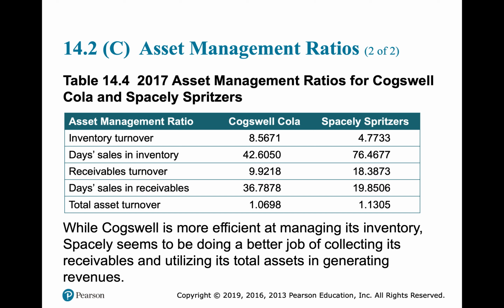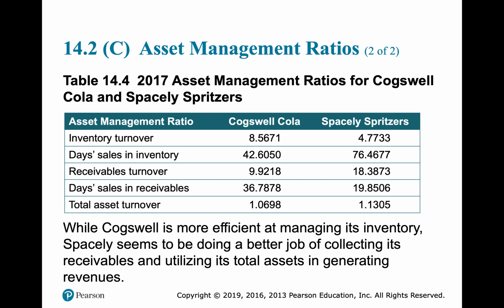Then we're going to look at receivables turnover. So our receivables turnover is actually opposite. So here is a situation where Spacely is outperforming Cogswell. Cogswell's receivable turnover is only 9-1, whereas Spacely's is 18-1. Remember, these are all ratios, so it's a 9-1, 18-1.